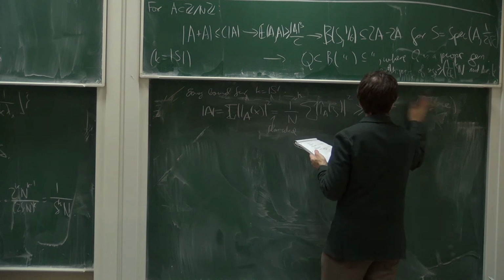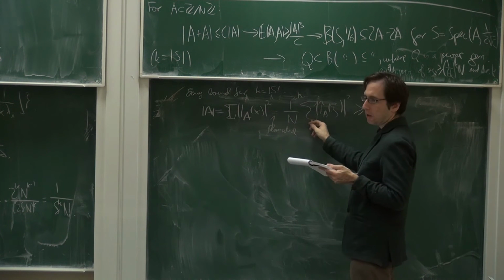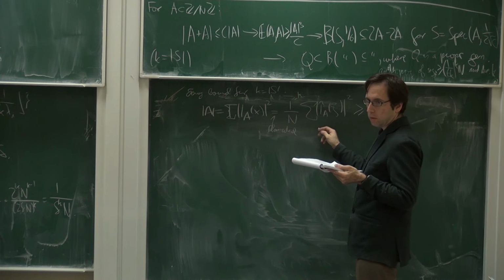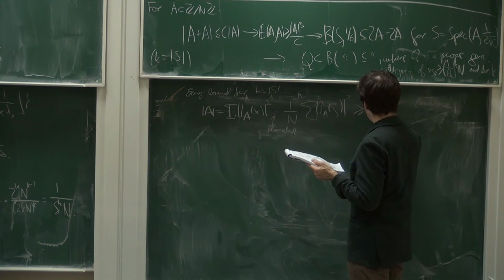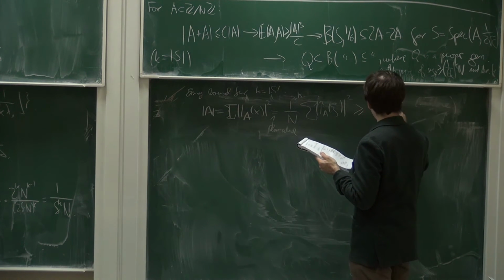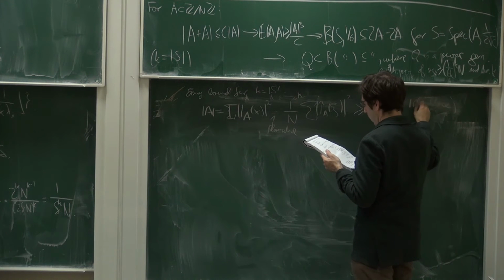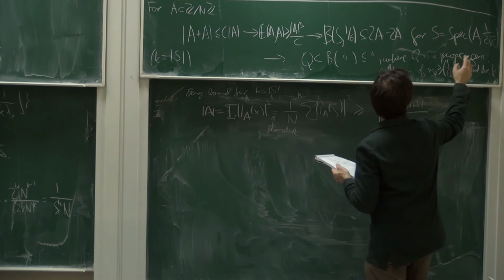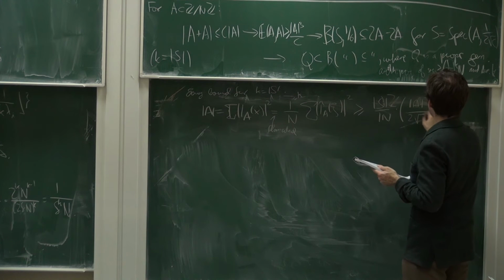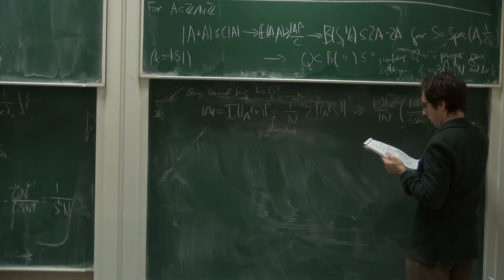This is at least the value of the sum restricted to S. So it will be S over n times A over 2c squared.